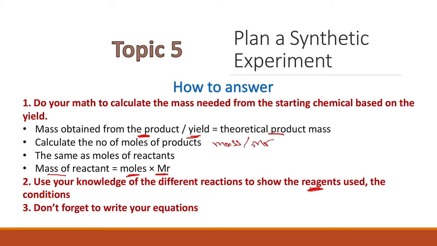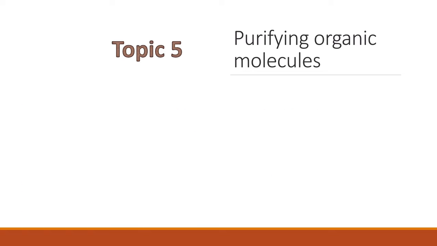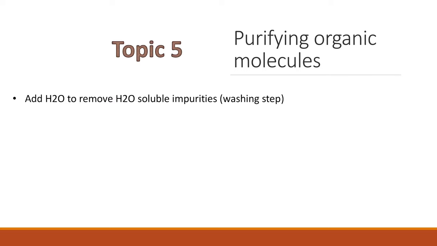And don't forget to write a complete equation for the reaction, showing the displayed formula of the reactants and the products. And at the end, you can also add how to purify your product. Purifying an organic molecule is important as well.